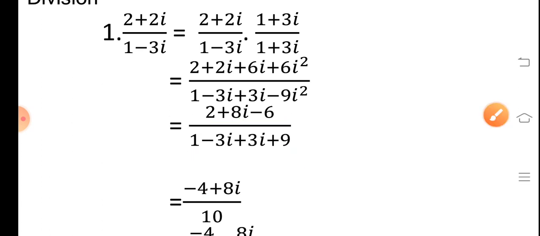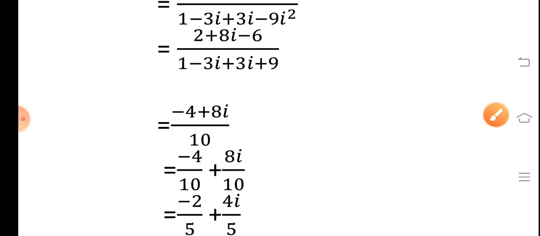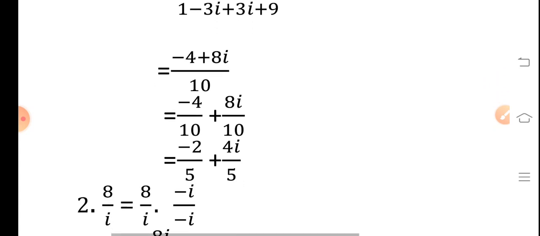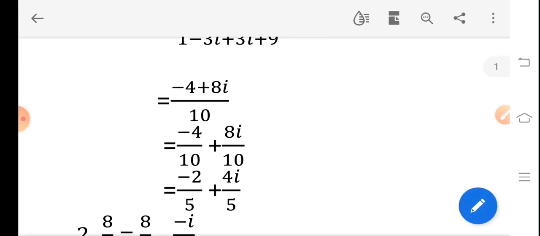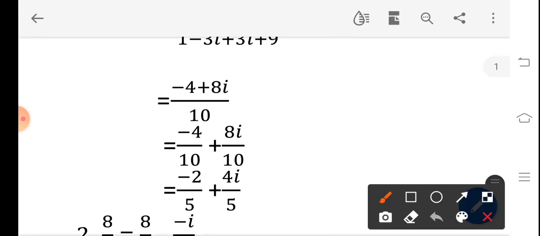So writing it in the form a plus bi, just separate: negative 4 over 10 plus 8i over 10. So negative 4 over 10, the common factor is 2. So negative 4 divided by 2 is negative 2. 10 divided by 2 is 5.